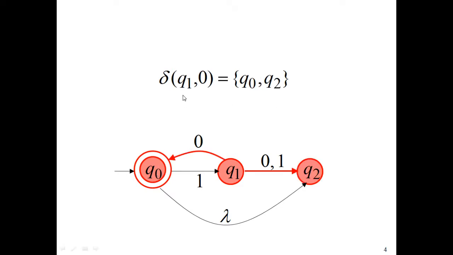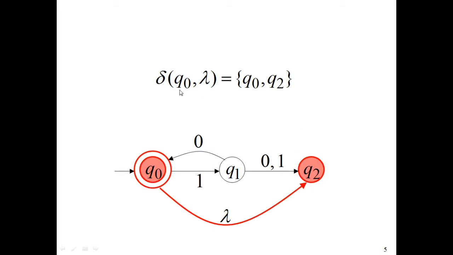Then transition of Q1 0. Now when I look at Q1 and input 0, I have two transitions going from state Q1. One is to Q0, another is to Q2. So the transition of Q1 0 gives me the output Q0 and Q2.